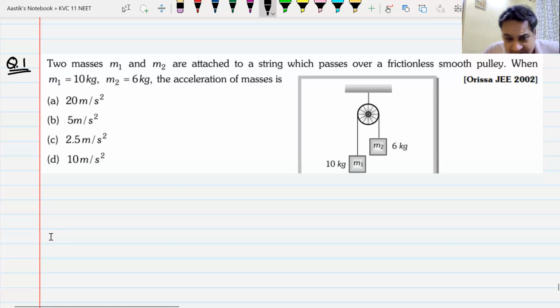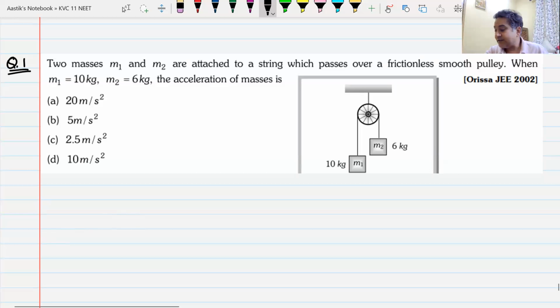Let me move on to the next category of questions. Up till now, the blocks were kept both hanging, but that may not be the only case that is possible. Both the blocks may not be hanging.